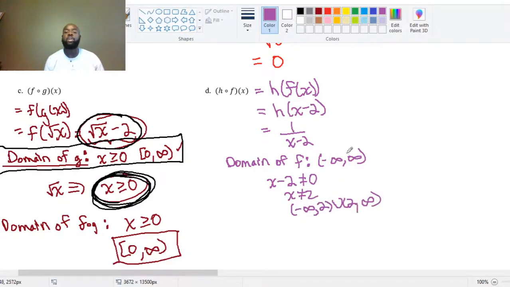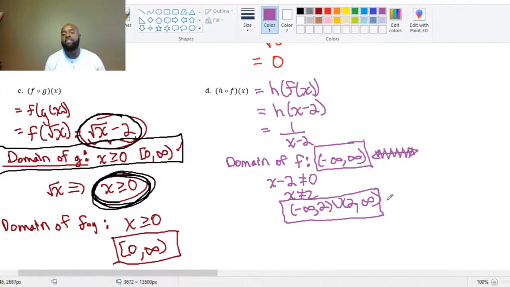And so what we have to do is intersect the domain of your inside function with this piece right here. So remember, negative infinity to infinity is your entire real line. And if I intersect that with a real line that has 2 skipped over and includes everything else, then the things that are on both of these lines is everything except x equals 2.